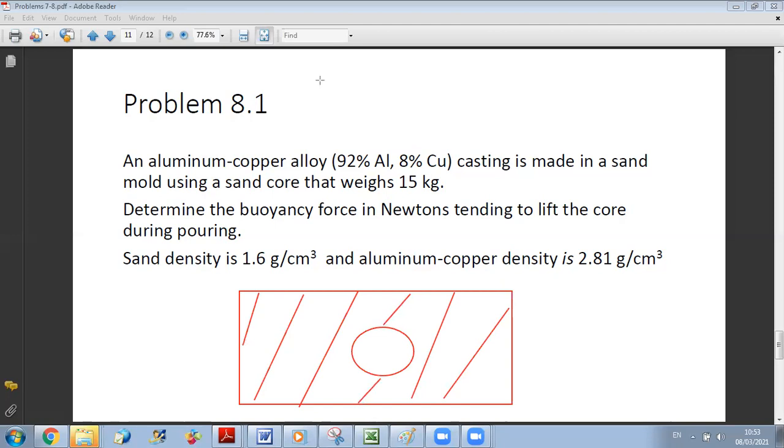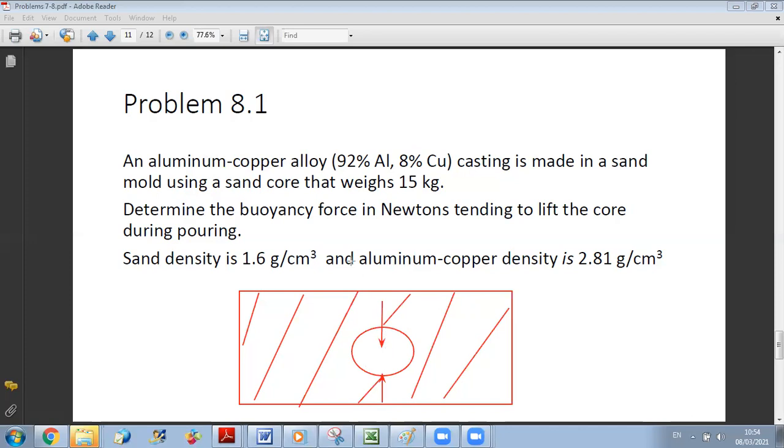The weight is downward and the buoyancy force is upward. If they are equal, then we will have a net action of 0 on the core, so it will not experience a lift. But if the buoyancy is higher than the weight force, then we will have a total lift force upward. While if the weight is higher than the buoyancy, then you have a lift downward.